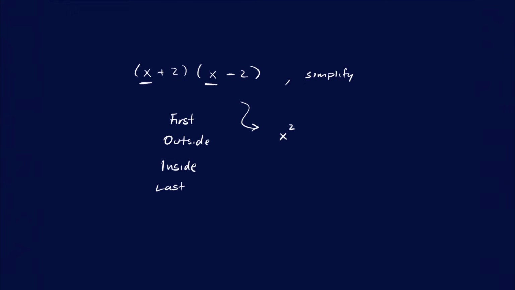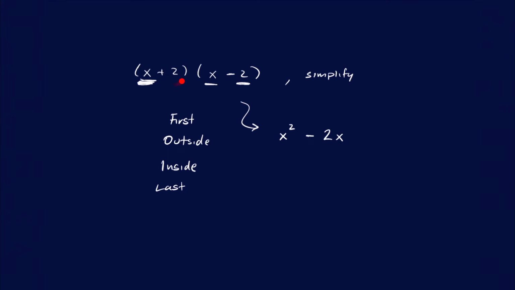Then the next thing you're going to do is multiply the two outside terms. So we're going to multiply x, which is the outside term on the left, and 2, which is the outside term on the right. But be careful, because we're actually multiplying x by negative 2. You can't forget that negative sign in front of there. So x multiplied by negative 2 is simply negative 2x. Now the next step is to multiply the two inside terms.